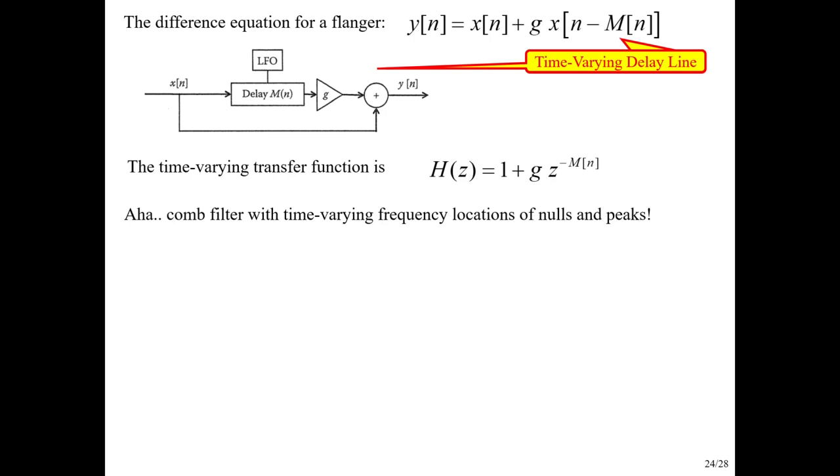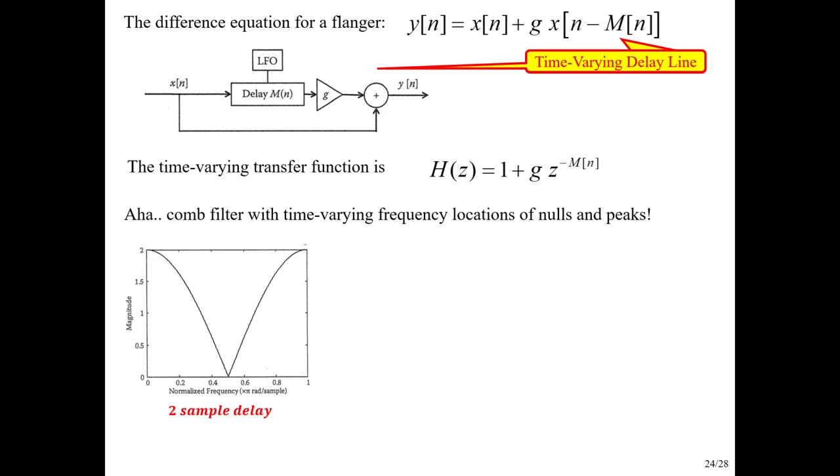And we studied that. We know about the locations of the nulls and peaks. So we can go back and look at our notes for the FIR comb filter, and we can deduce where the nulls and peaks are based upon that theory. So here's just a couple examples. I'm using just two sample delays.